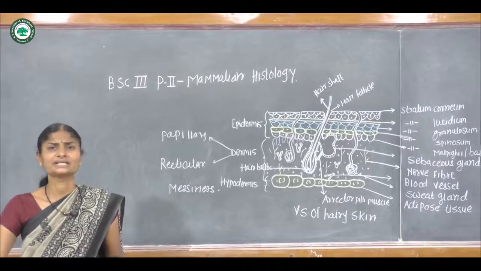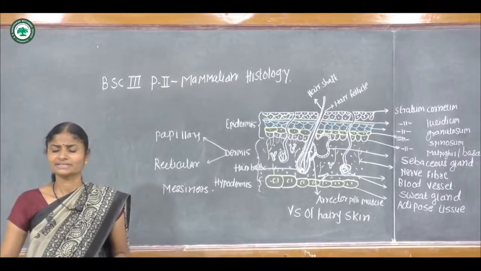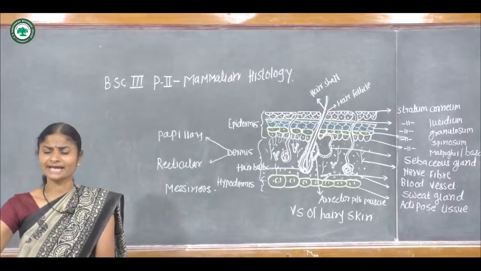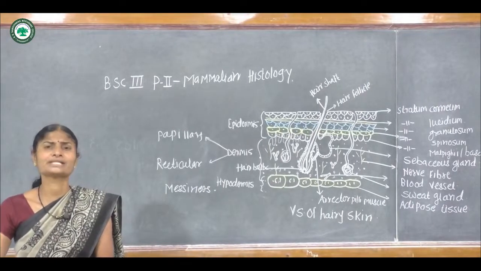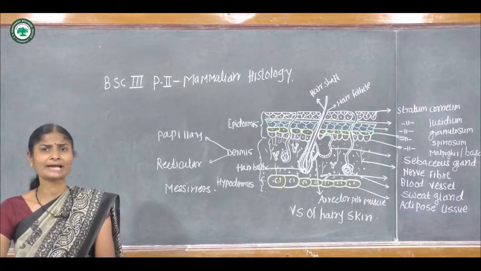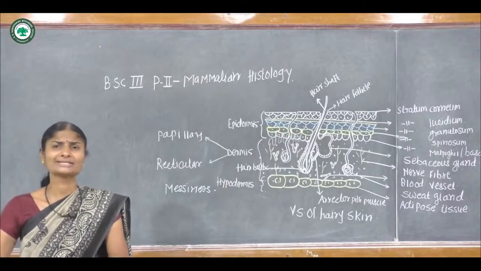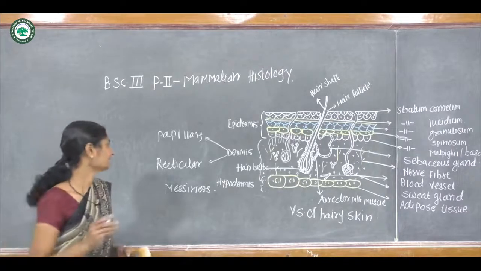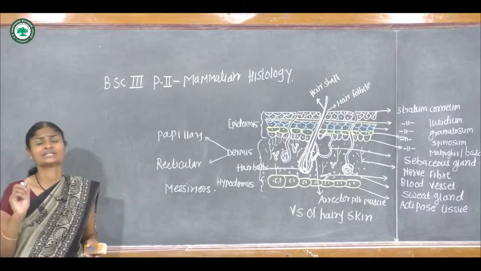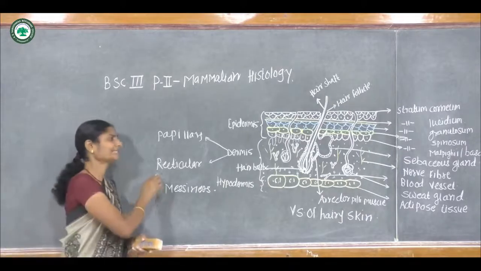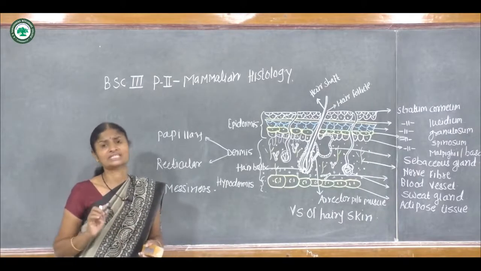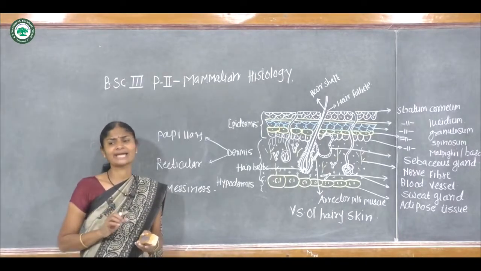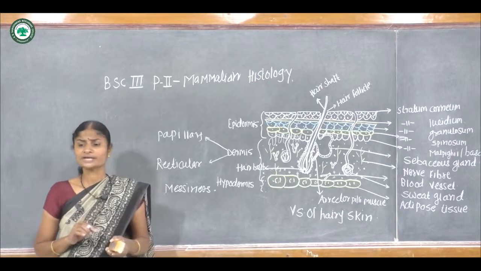Next layer is the reticular layer. This reticular layer contains dense connective tissue, that is collagen and elastic fibers, and these give support and elasticity to the skin.